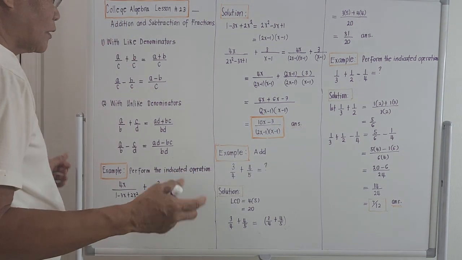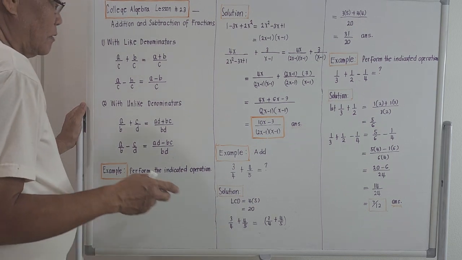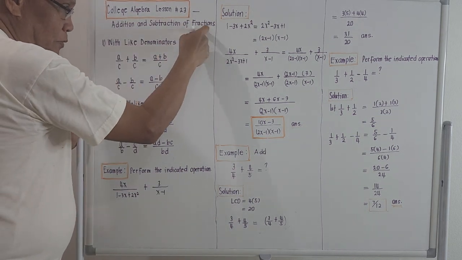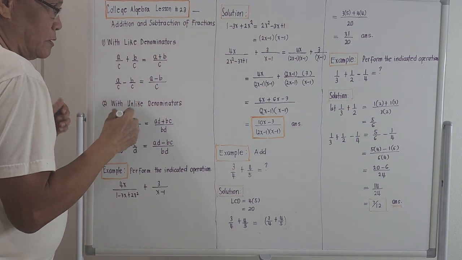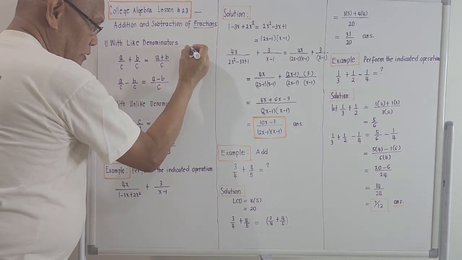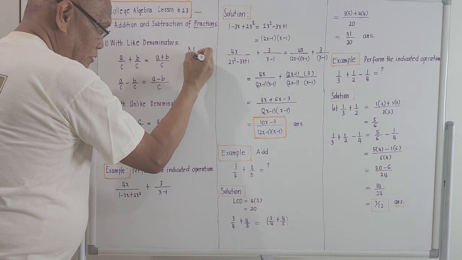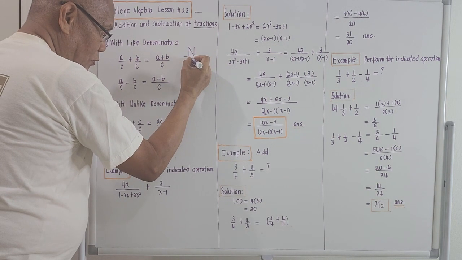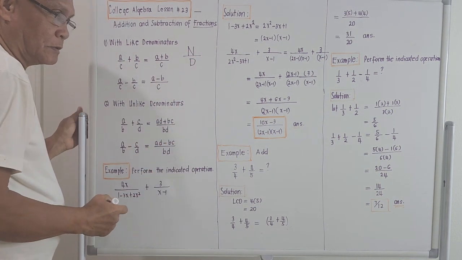There are two classifications under the addition and subtraction of fractions. It is a fraction, so there is a numerator and there will be a denominator.